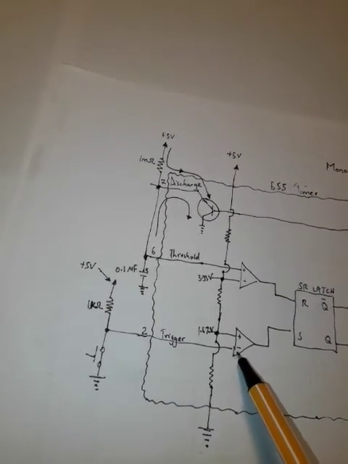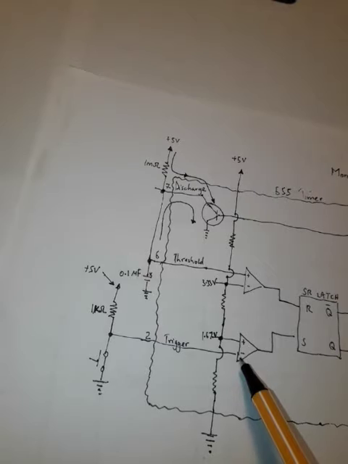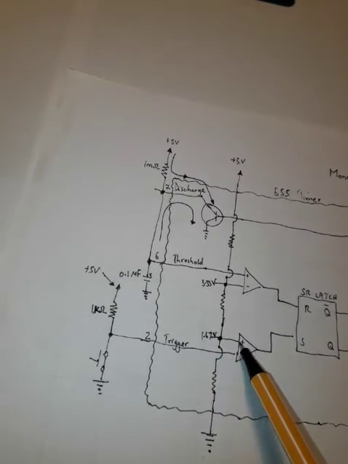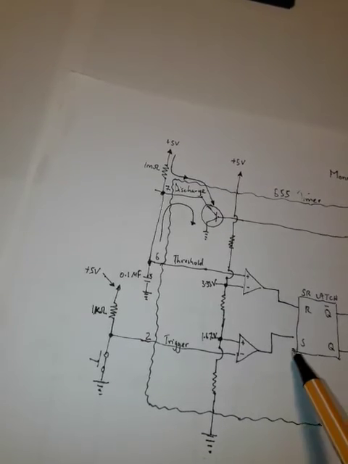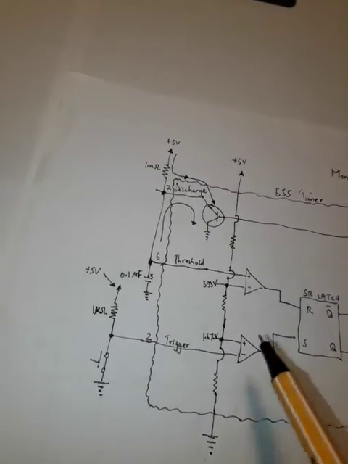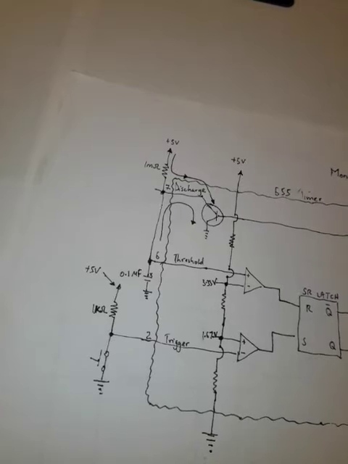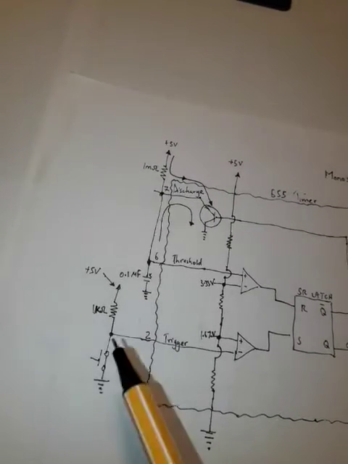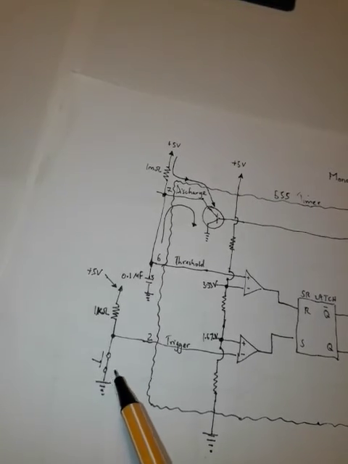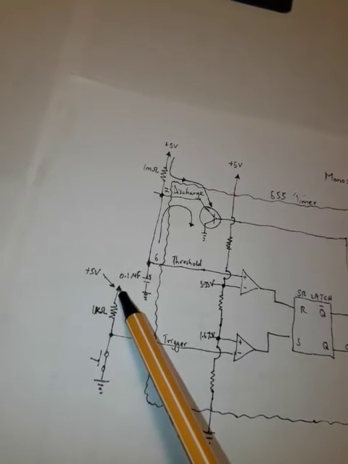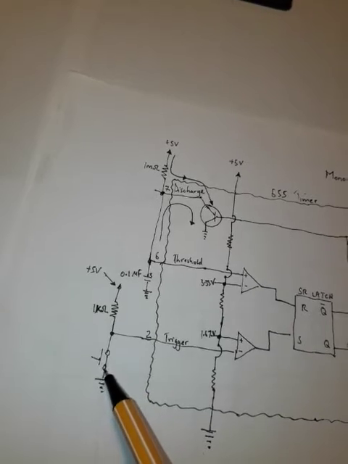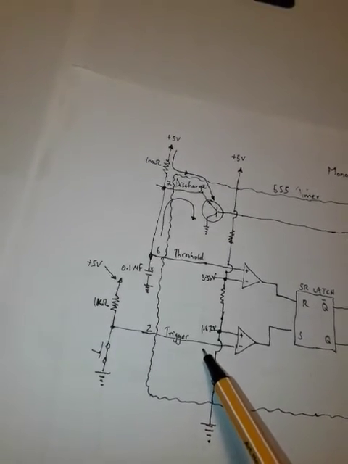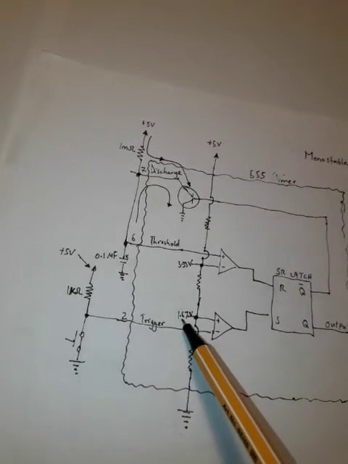But because 5 volts is much higher than 1.67 volts, this set button would be off, and therefore we would have no output signal, and our LED will be off. But the moment we push this button, we are going to send all these 5 volts through this switch to ground. And therefore, this trigger input would be 0 volts, which is lesser than 1.6 volts.